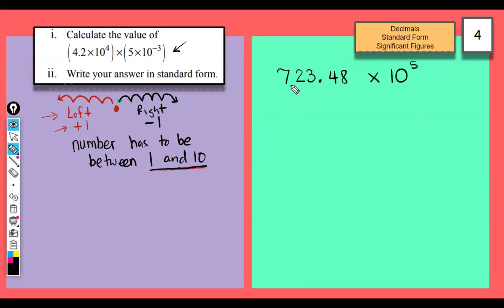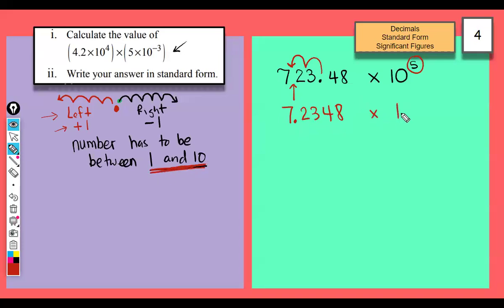For it to be in standard form, that decimal point has to be here. So it's over here, and we have a 5 here already. So how many spaces does it need to complete this journey? It has to go 1, 2 more. So it will be 7.2348. Now, this number is in between 1 and 10.